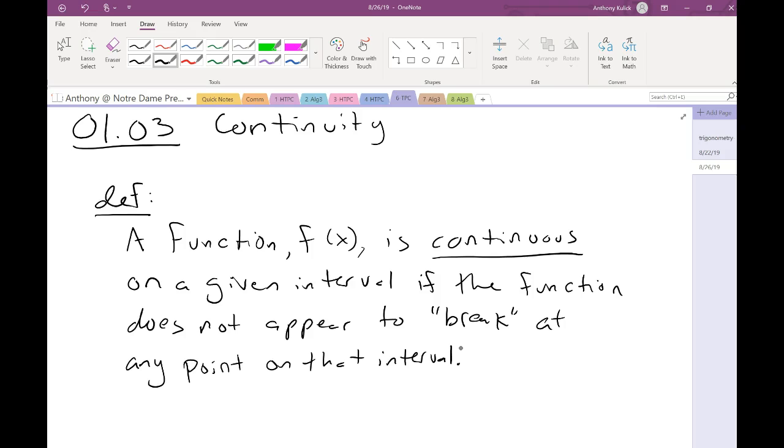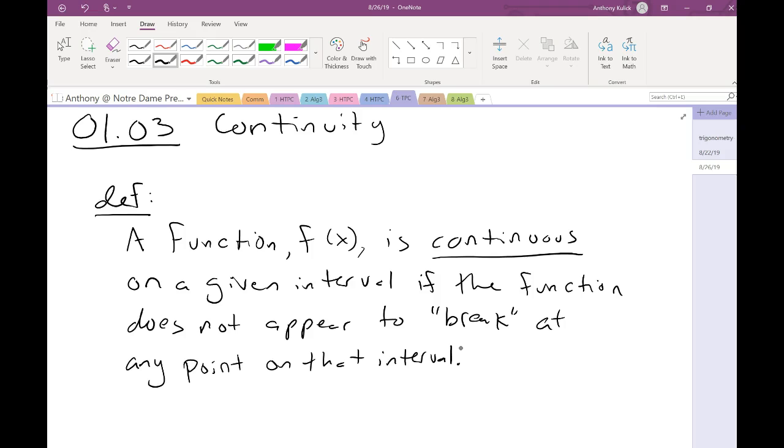If you can draw the entire function without having to pick up your pencil, we'd say the graph is continuous, or we'd say that function is continuous. Okay with that idea? And in your Algebra 3-4 class, we graphed some things that were continuous functions. A linear function is a continuous function. You can draw a diagonal line without having to pick up your pencil. A quadratic function is continuous.